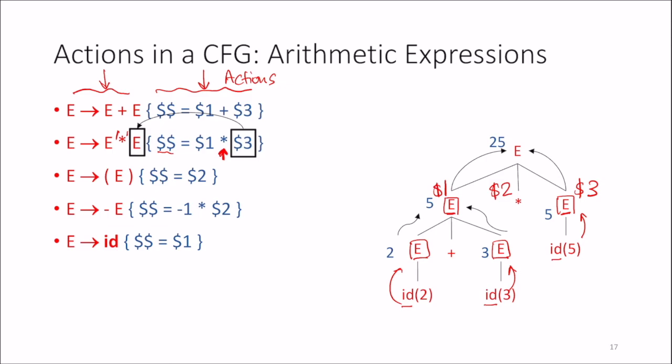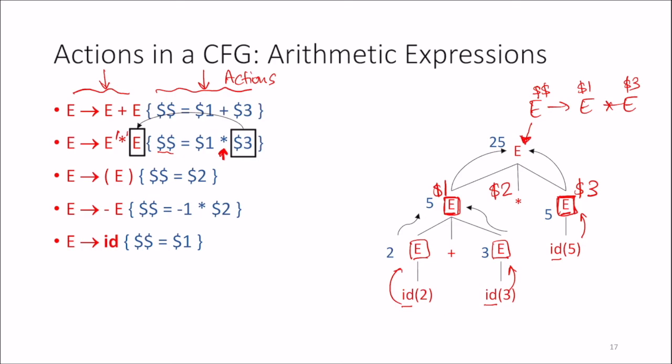So that's how I can use an action. So this E goes to E times E rule. This $$ is the node that's a parent. This is $1, which is this one over here, and then this is $3, which is this one over here.